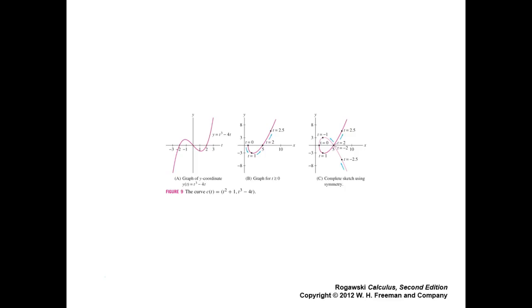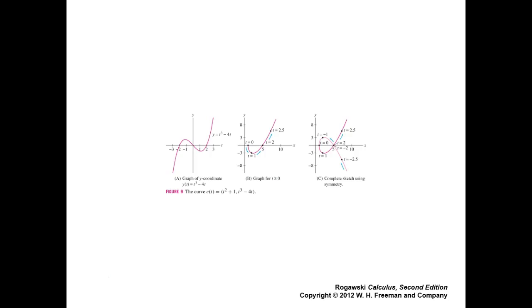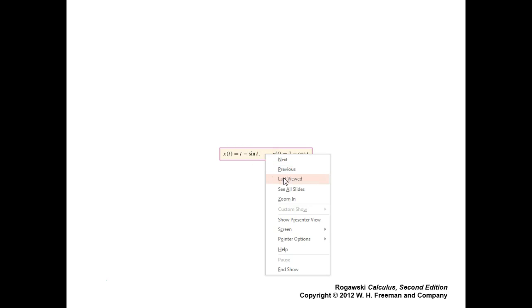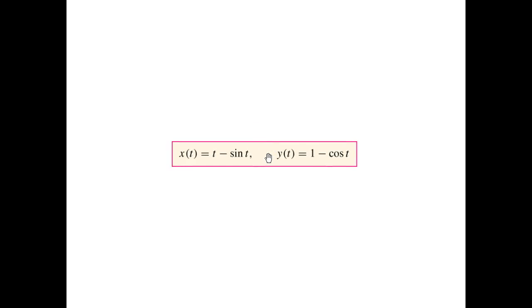Sure enough, this is 1, 2. That at the top is 2. Sure enough, that looks right too. Okay, again, we didn't show how we got it, but we did show that at least those points make sense. All right. So that's the parameterization of your cycloid. Okay?